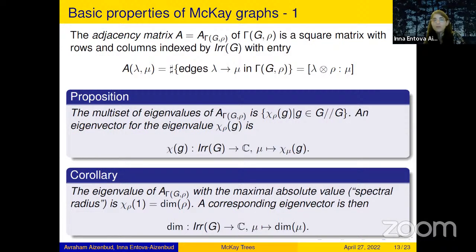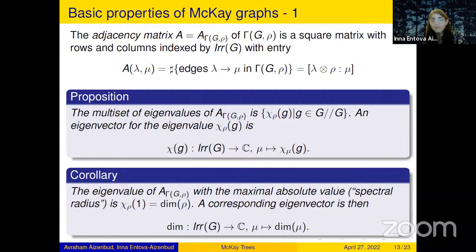So this is already something which connects to what Roberto was asking earlier. The information about these eigenvalues would be stored inside the adjacency matrix of the graph. So if we see a graph and we know it is a McKay graph, we can immediately recover all those eigenvectors and eigenvalues.